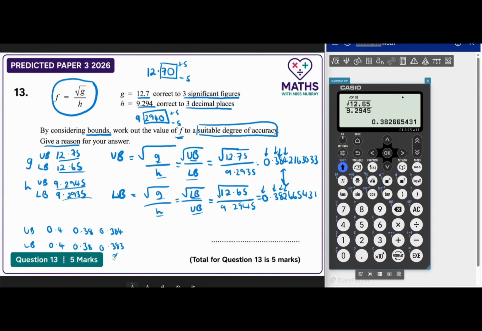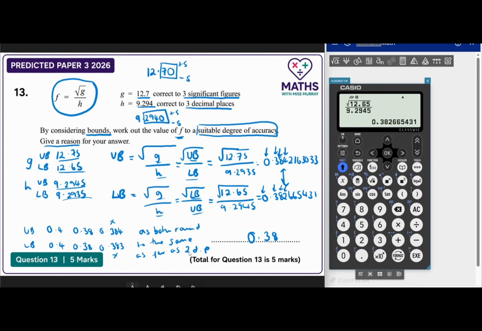So we can't use that because that is not a suitable degree of accuracy. So the best answer that I can give, my suitable degree of accuracy, is two decimal places, as both round to the same as far as two decimal places.